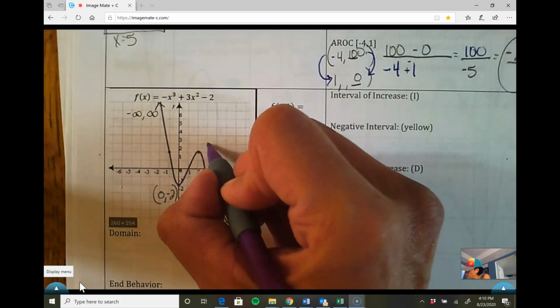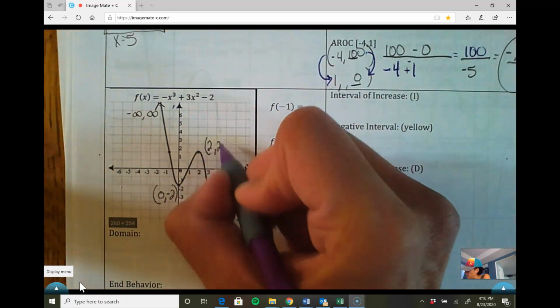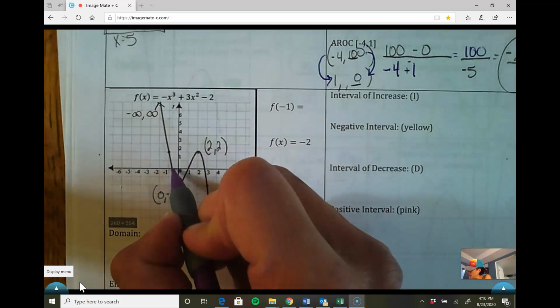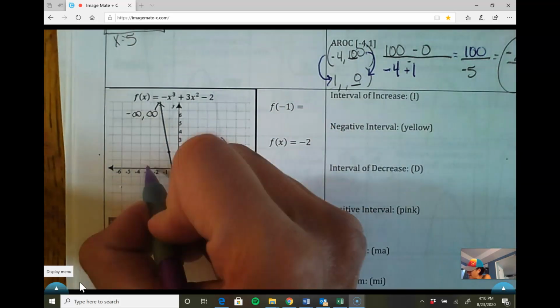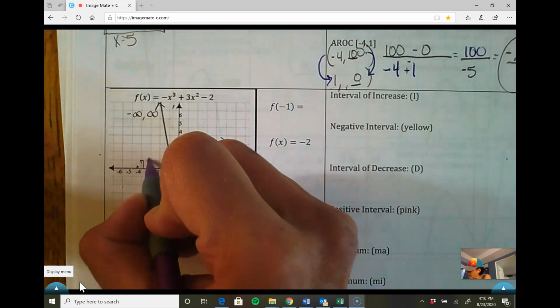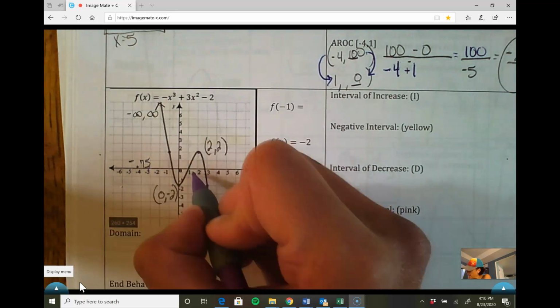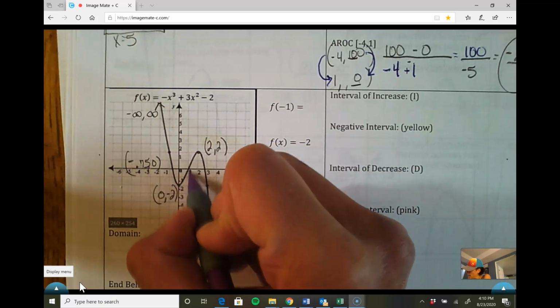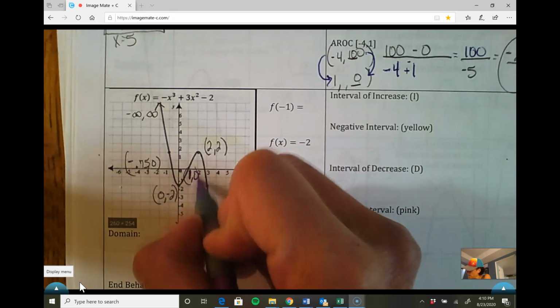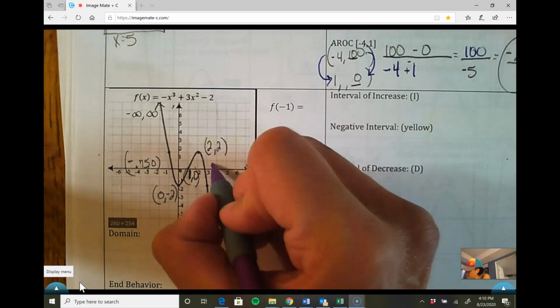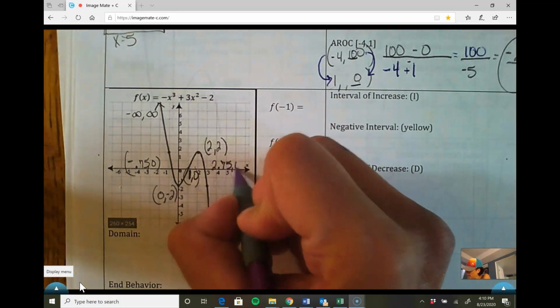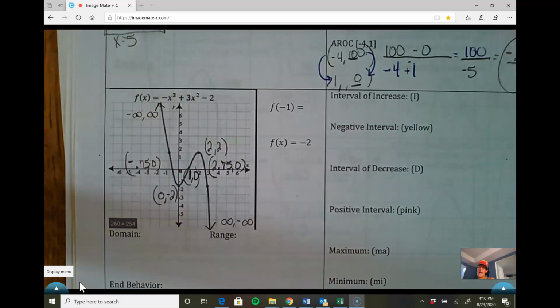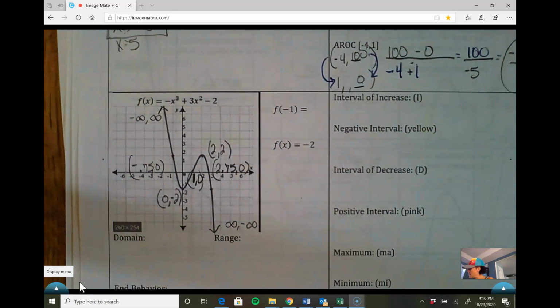And I've got this one, which is 2 and 2. And my x-intercepts. So this is about, I don't know, let's say it's 0.75, 0. This one is at 1, 0. And this one, it's about 2.75, 0. Usually I try to stick to halves and not 0.75s, but oh well.